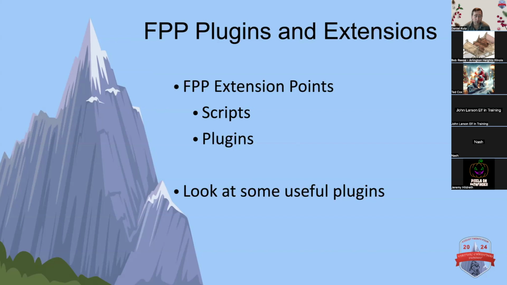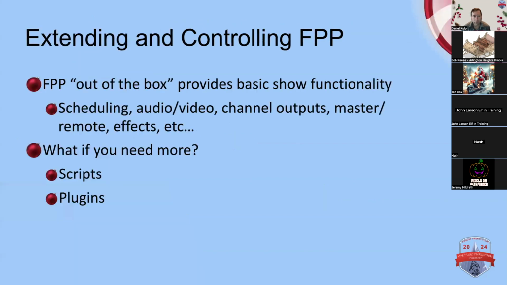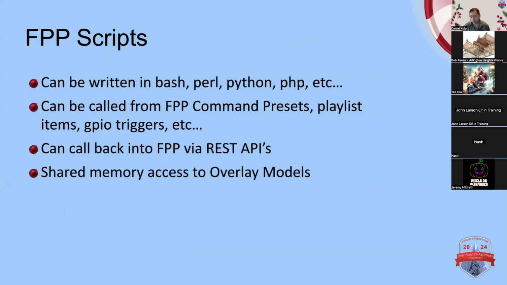There are two primary ways that people extend FPP: scripts and plugins, like I mentioned here. Scripts are, I want to say, the older and more traditional way of extending FPP, and then there's also plugins. Scripts are pretty much what they sound like.